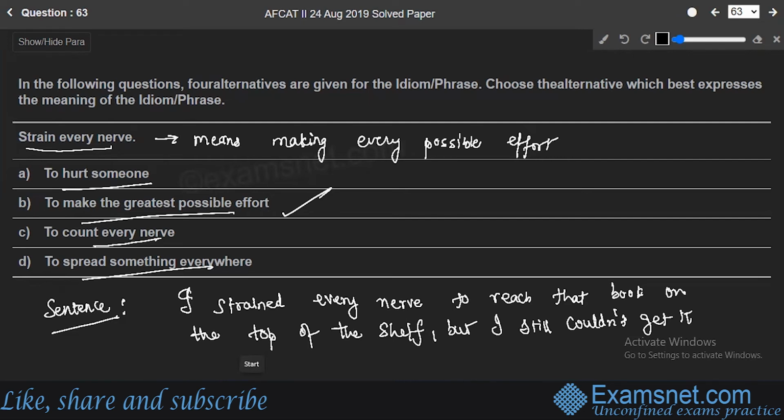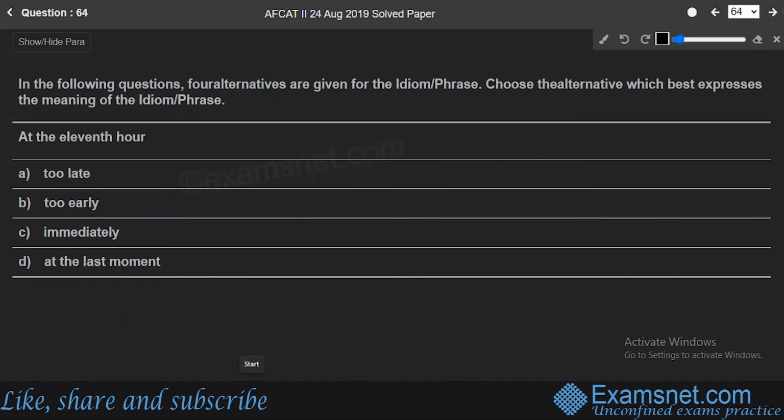Let's move to the next one, that is the 64th idiom. It is at the 11th hour. The given options are too late, too early, immediate, or at the last moment. It seems from the phrase very clearly that 11th hour means at the end moment.